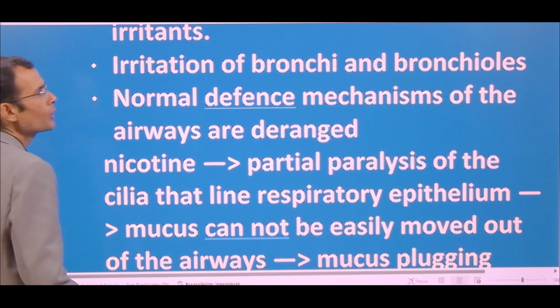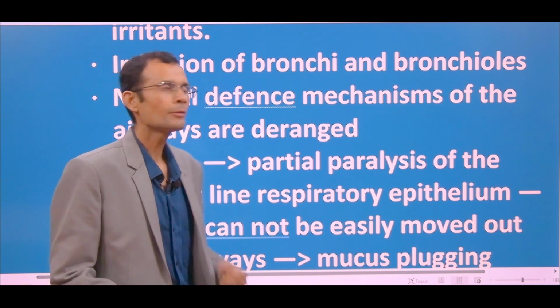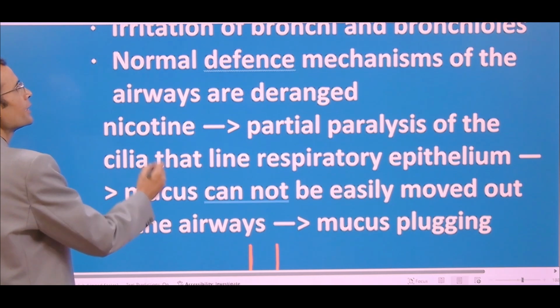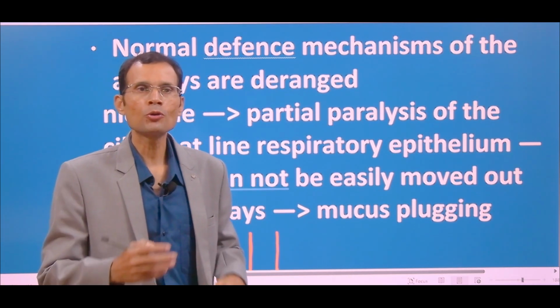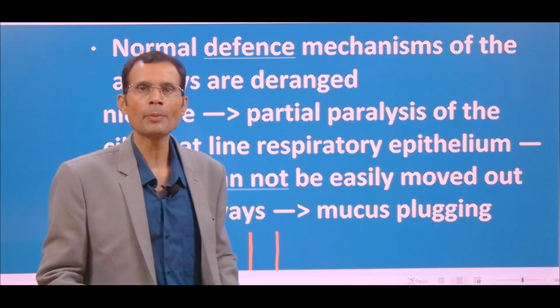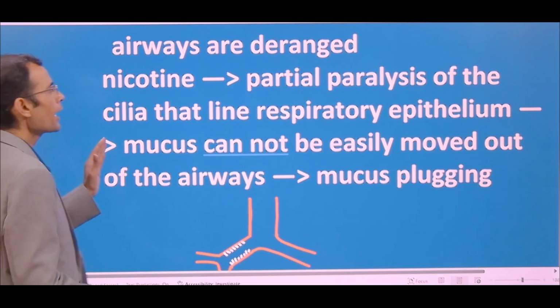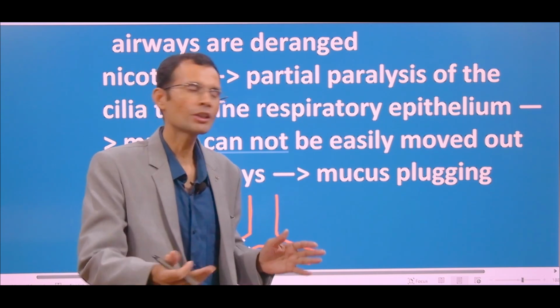So there is irritation of the bronchi and bronchioles because of the smoke, because of that irritant. Normal defense mechanisms of the airways are deranged. There are normally cilia which are going to cause movement, and they will throw out the smoke, they will protect the lung parenchyma, but that gets deranged. In addition to that, there is nicotine that is inhaled in chronic smoking.